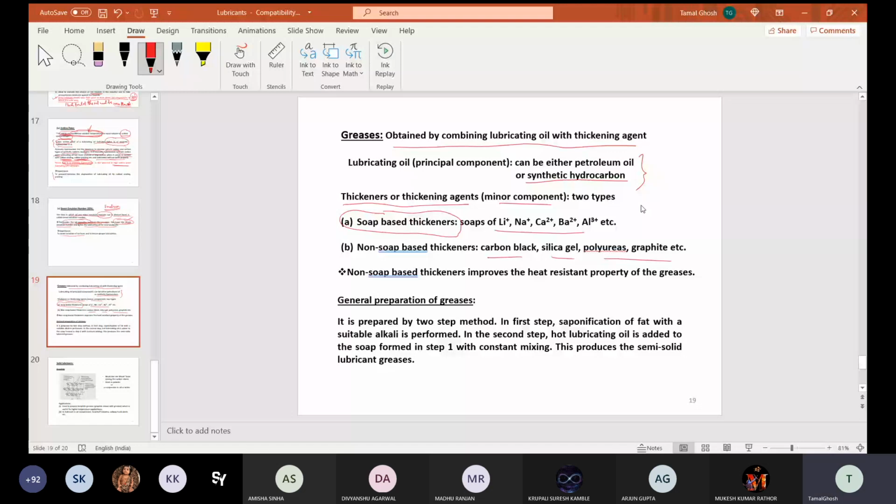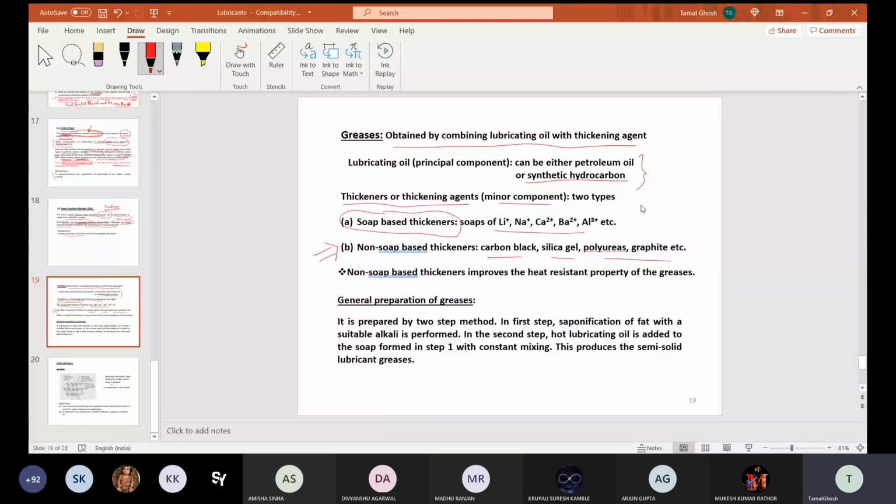Why? Grease is a semi-solid lubricant, but remember each grease has a temperature above which it is converted into liquid state. Once it is converted to liquid state, its lubrication may not be that effective.